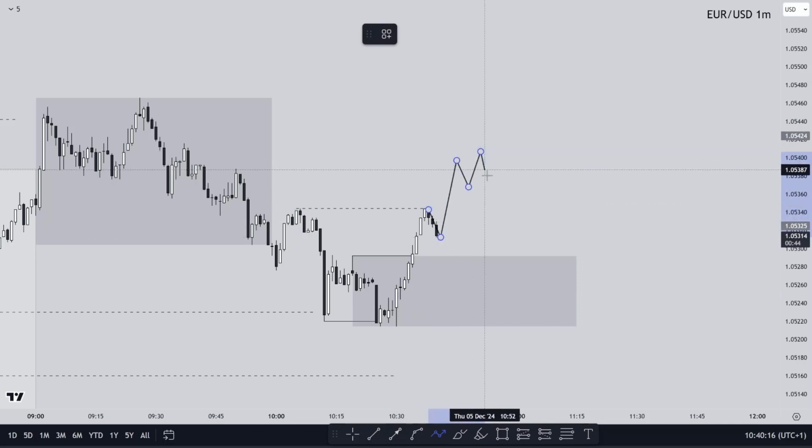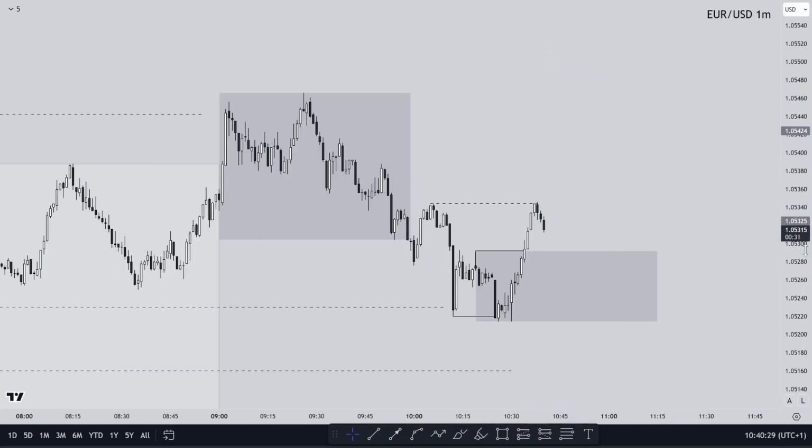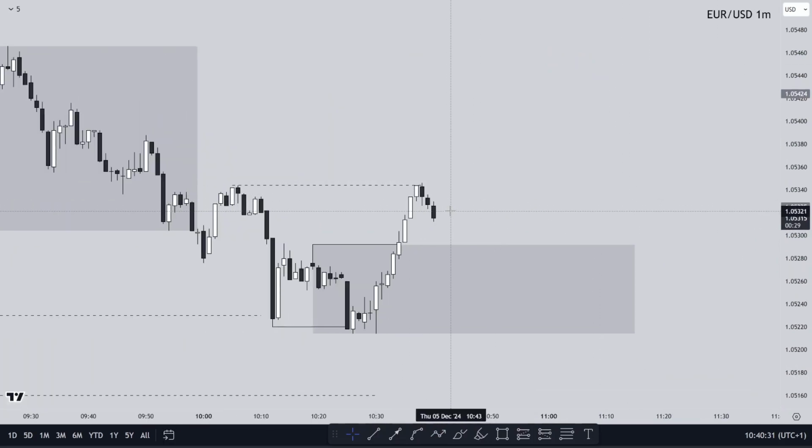Then after a kind of ranging, entering after it took out liquidity, maybe from this level or this level, I don't know, to go long. So for the moment I'm still waiting. Let's see what happens now.